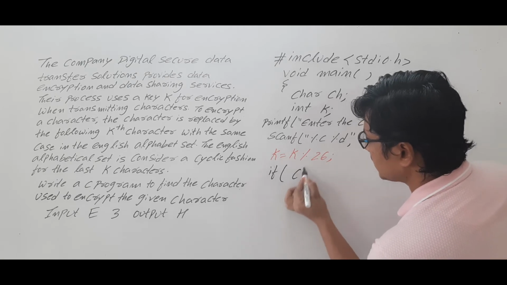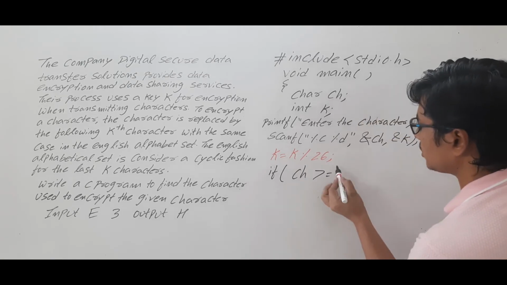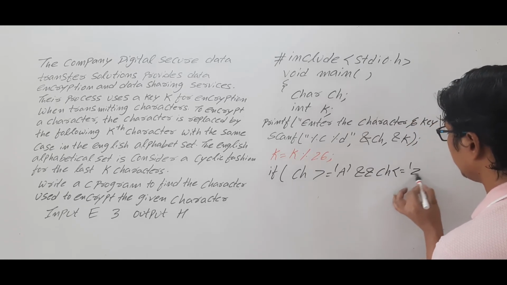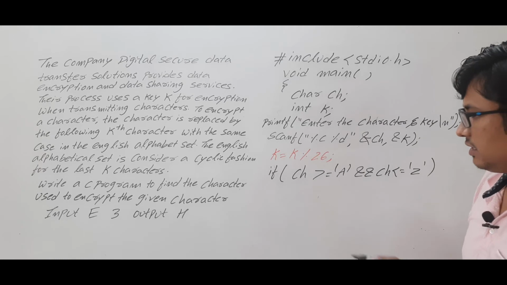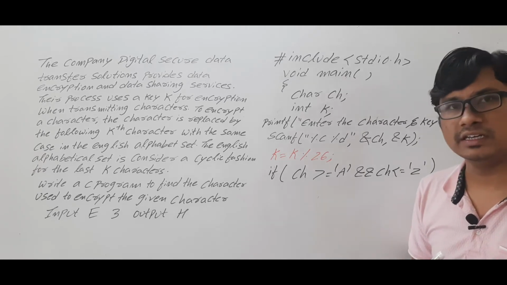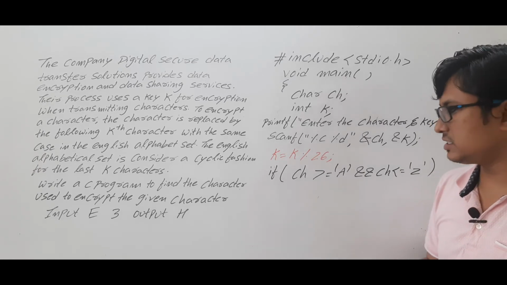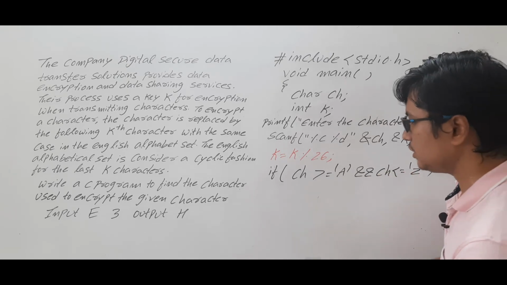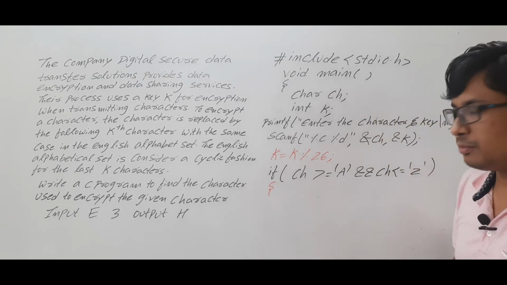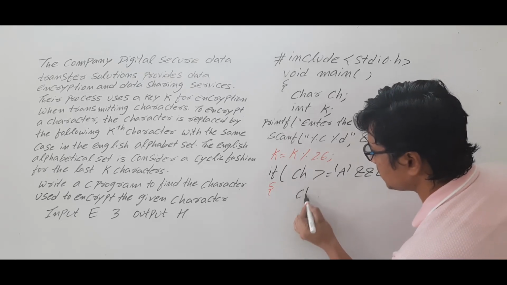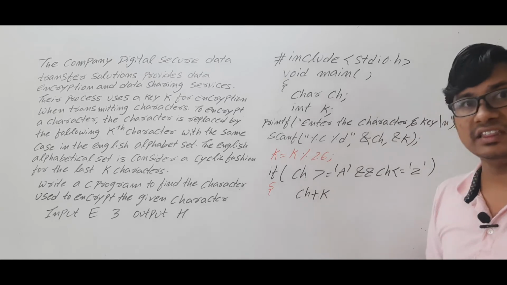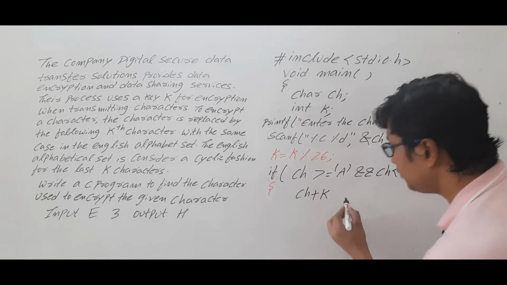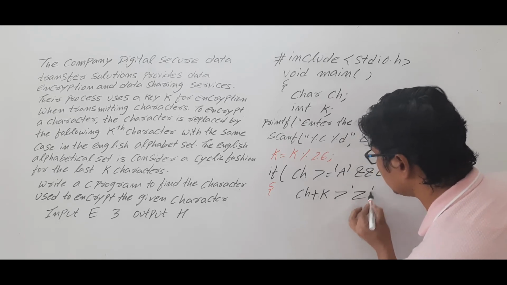If the character is greater than or equal to capital A, logical and, less than or equal to capital Z, and this condition is true, then I can say that the given character is between capital A and capital Z. If it is so, what do I need to do? I need to perform ch plus k because I want to find the kth character from the given input character. But I need to check it. If it is greater than Z, what do I need to do?